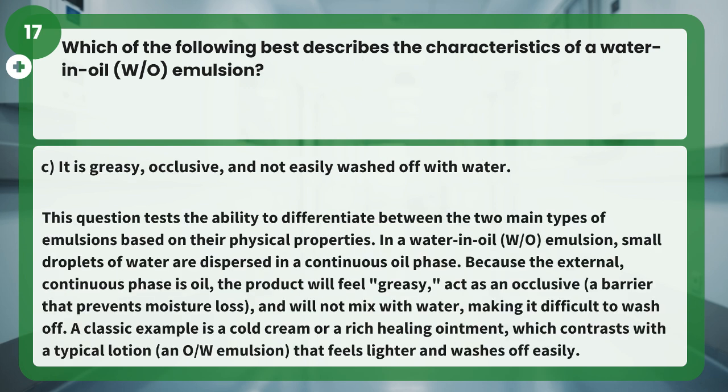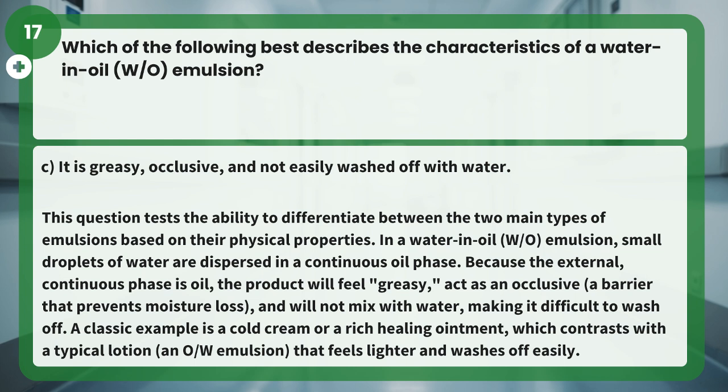Answer: C. It is greasy, occlusive, and not easily washed off with water. This question tests the ability to differentiate between the two main types of emulsions based on their physical properties. In a water-in-oil, W/O, emulsion, small droplets of water are dispersed in a continuous oil phase.